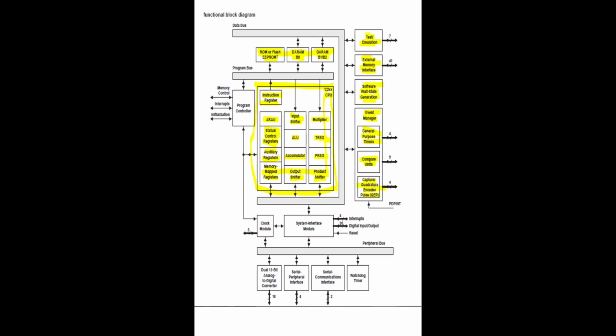And similarly, the quadrature encoder pulse is a circuit which will sense the present speed of the motor as various pulses. That speed is converted as various pulses. That pulse will be given as an input for the DSP, so that the DSP will identify what is the difference between set speed and the current speed.